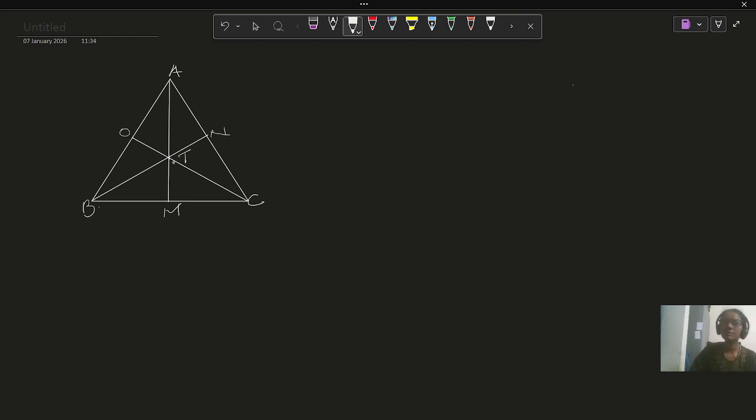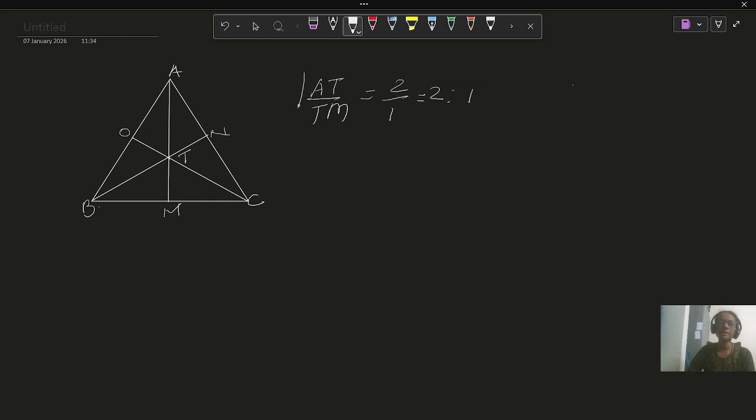But here I am discussing that AT is twice of MT, that we have to prove, right? We can write it like this, that AT upon TM, or MT, you can say, is equal to 2 upon 1, or you can say 2:1. All right, this we have to prove.